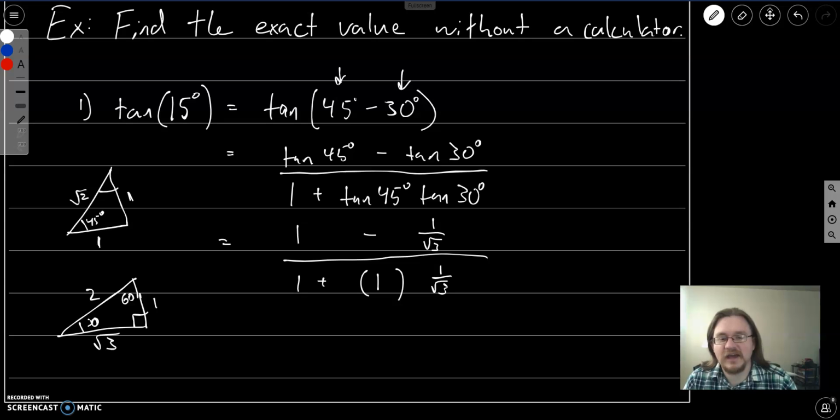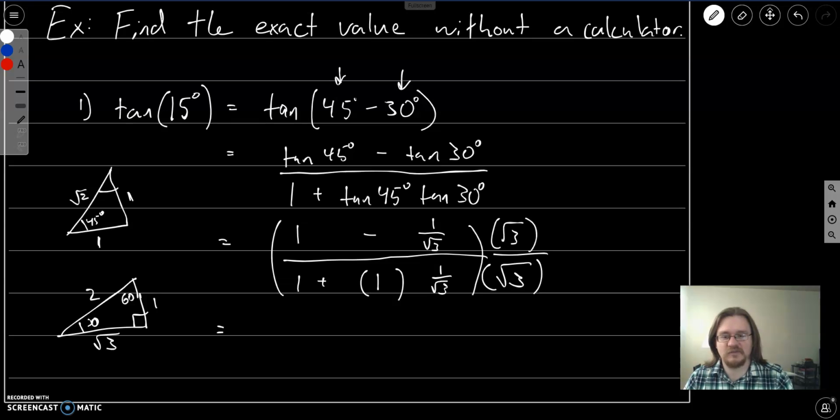And I see that we have 1 over root 3's in here, and maybe I don't like those fractions. So what I'll do is I'll just multiply the top and bottom by the square root of 3. And I'll simplify this. So the top, if I multiply the 1 by the square root of 3, that's just going to be the square root of 3. 1 divided by the square root of 3 times the square root of 3, that's just going to be minus 1.